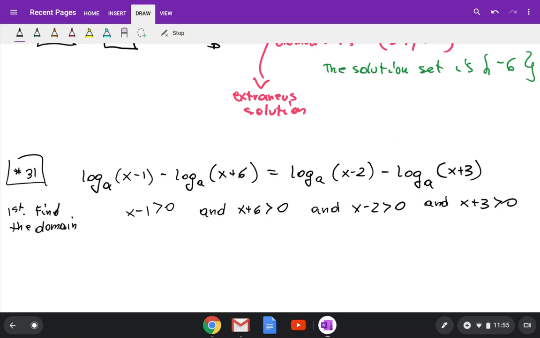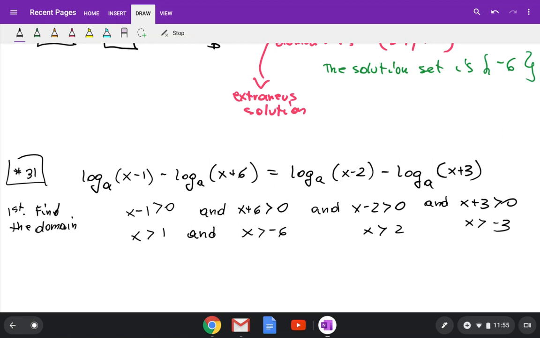So I'm giving the condition: I would be able to solve the equation if those conditions are satisfied. Solve each inequality. You will end up with x greater than 1, x greater than negative 6, x greater than 2, x greater than negative 3.